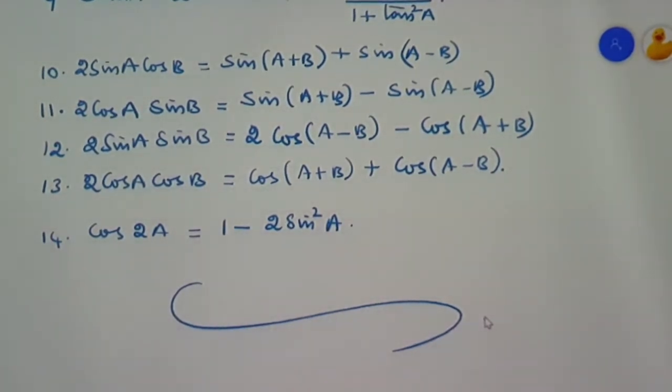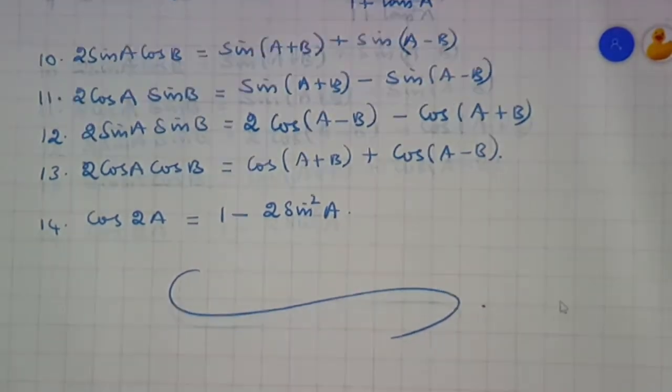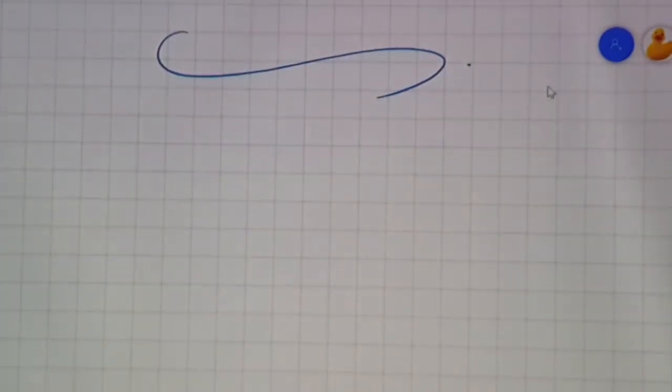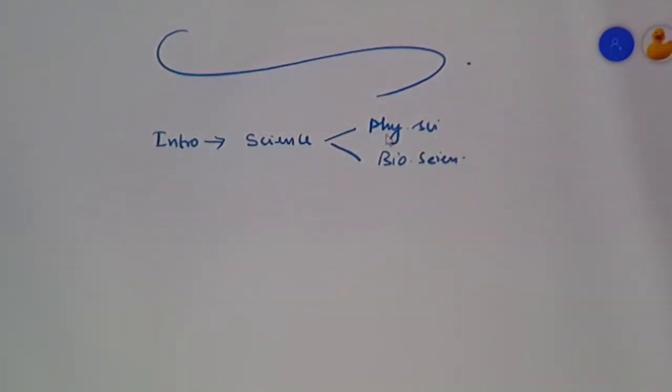So up to this, what I have dealt with in this bridge course: initially I started with an intro where we studied what is meant by science, where science can be classified into physical science and biological science. In this we have considered only physical science.